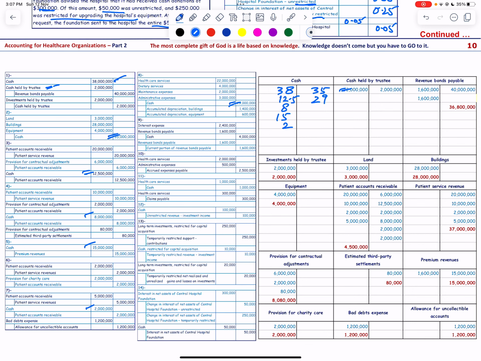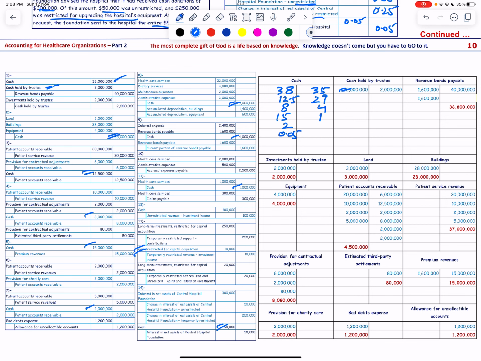Then we have cash 4 million, and then there is a credit for cash by 1 million, and I think there is no other cash, obviously this is cash restricted for capital acquisition. And then finally we have cash in the end for 50,000.